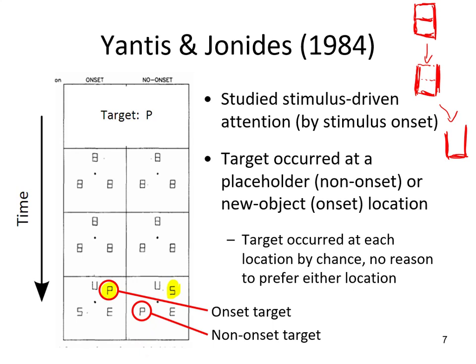Now, what would you expect if the onset feature, the new object feature, somehow attracts your attention? You expect that it is better to detect an onset target. It will become faster, right? And also more efficient. Now, what do I mean by efficient?